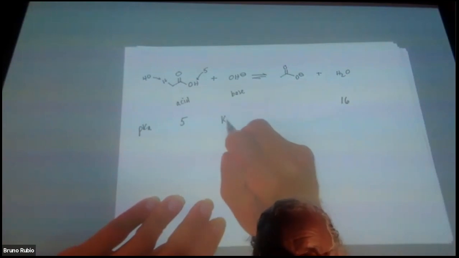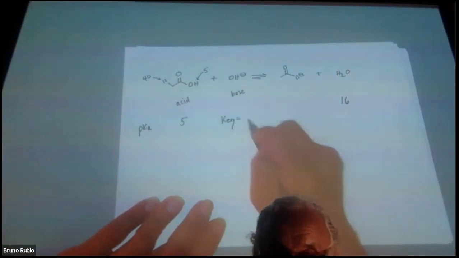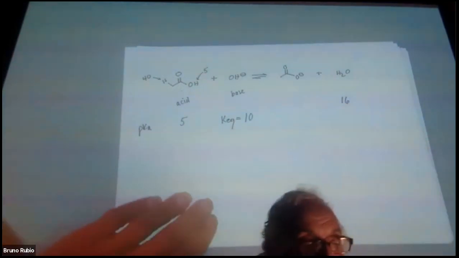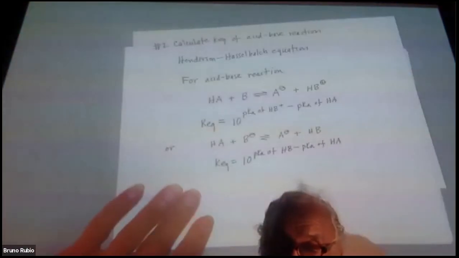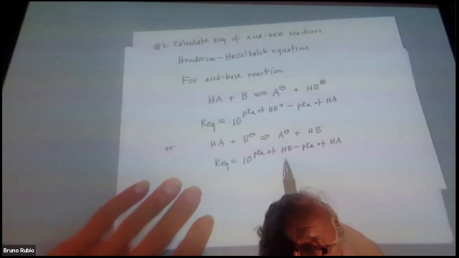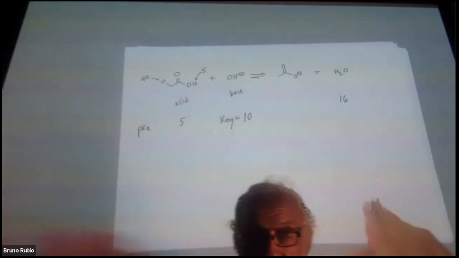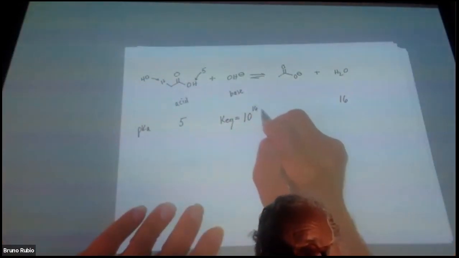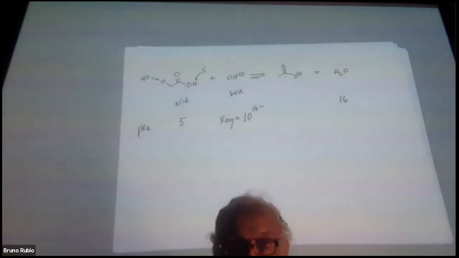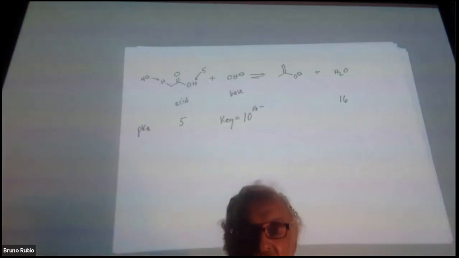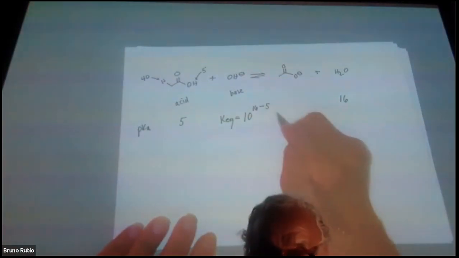The equilibrium constant will be 10 raised to the power of the pKa of the acid on the right minus the pKa of the acid on the left.